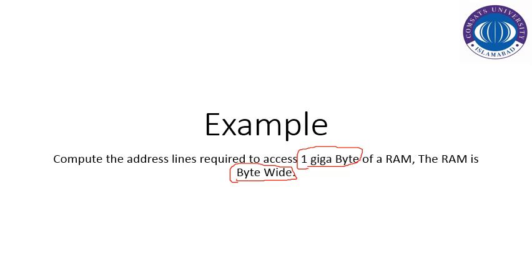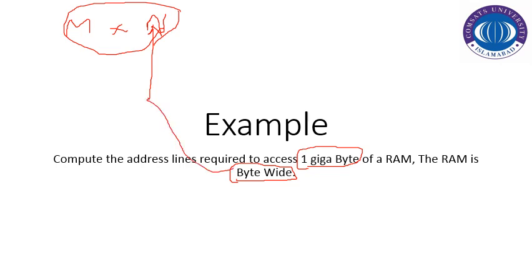In our previous representation, M into N is basically equivalent to the total capacity of the memory, where N is the data that is stored on a single location, and here we are saying that N is byte wide, which means that one location can store 1 byte.